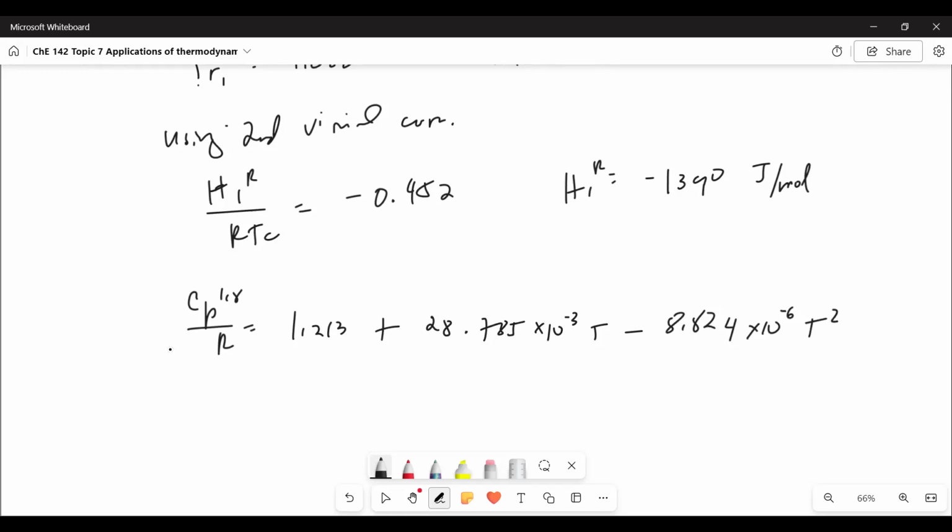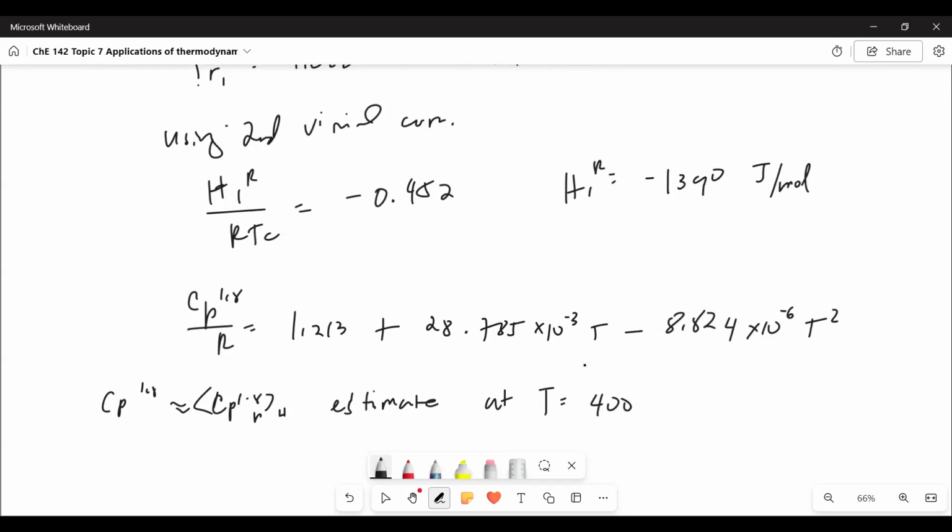For the initial estimation of CP, the mean heat capacity, we can estimate at T equal to 400, the inlet.